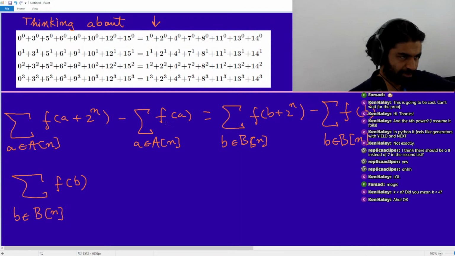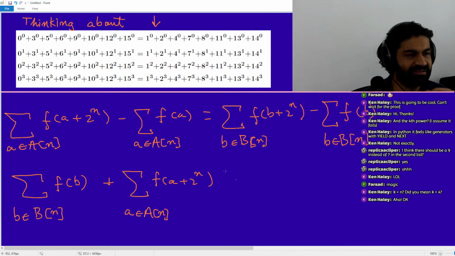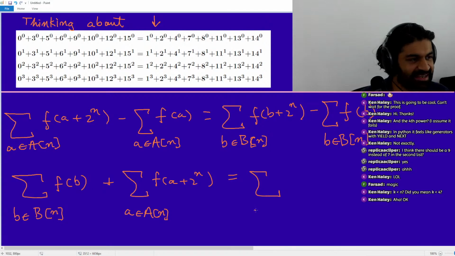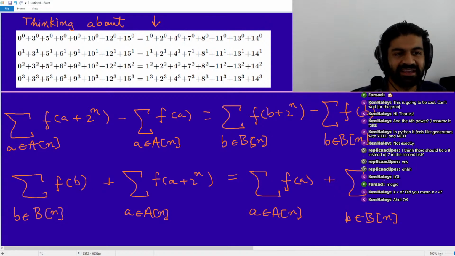So I just put this on the other side, plus the sum over a in an of f of a plus 2 to the n, okay? And this is going to equal the sum, I'm putting this on the other side, so this is over a in an of f of a plus the sum over b in bn of f of b plus 2 to the n.